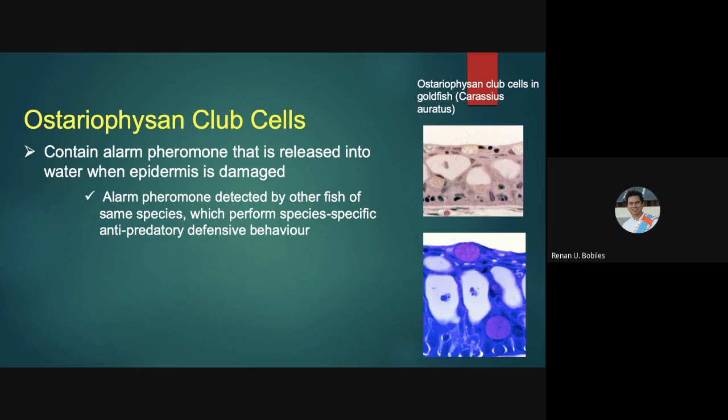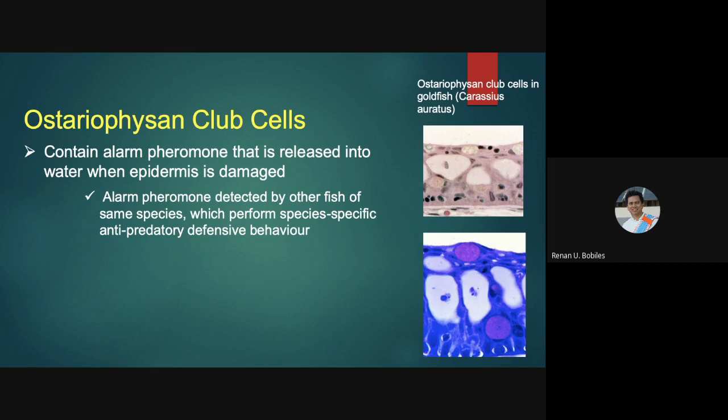The Ostariophysan club cell produces a pheromone similar to that, which triggers an anti-predatory response sa mga other fish of the same species. Kumbaga, nagiging aware sila that in the vicinity, there is a predator.